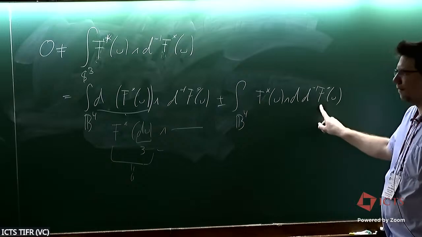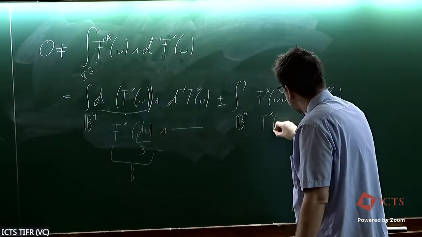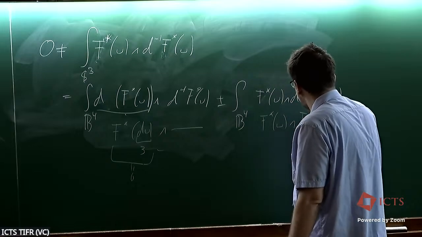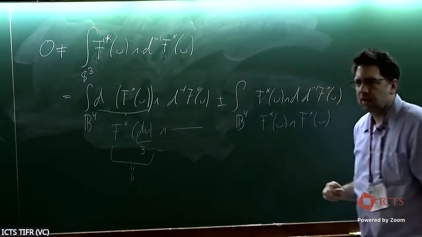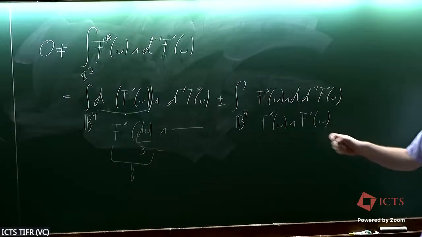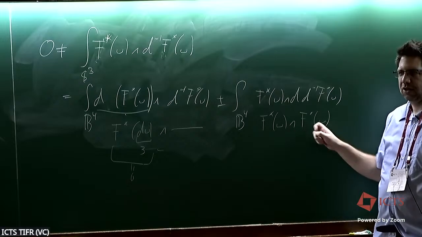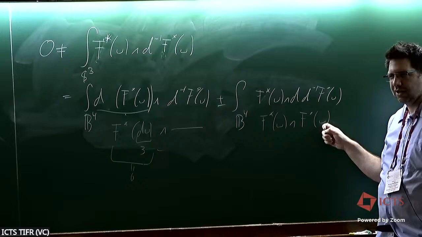Here, we don't have this. We have F star omega wedge F star omega. Now you could get excited and say, hey, maybe that's 0 because it's something against itself, but it's not, right? We're exactly in the dimensions where this is not 0 necessarily. However, the pullback of omega wedge the pullback of omega is the pullback of the wedges.